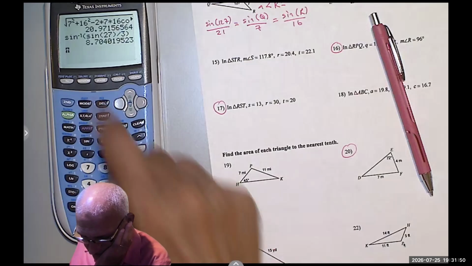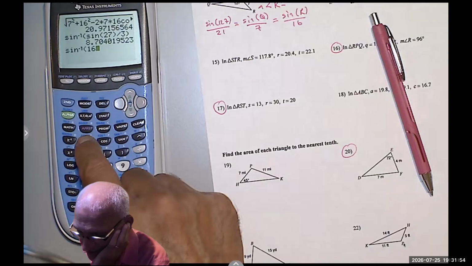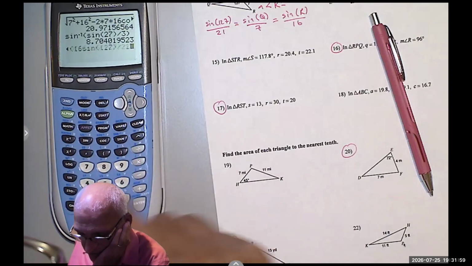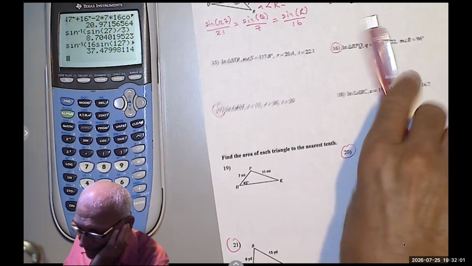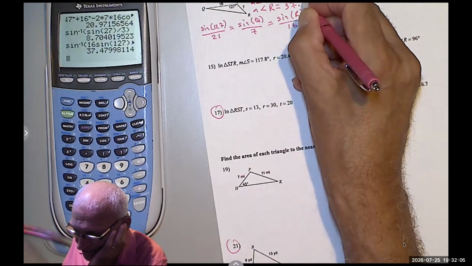Okay, so inverse sine 16 sine 127 over 21. 37.5.